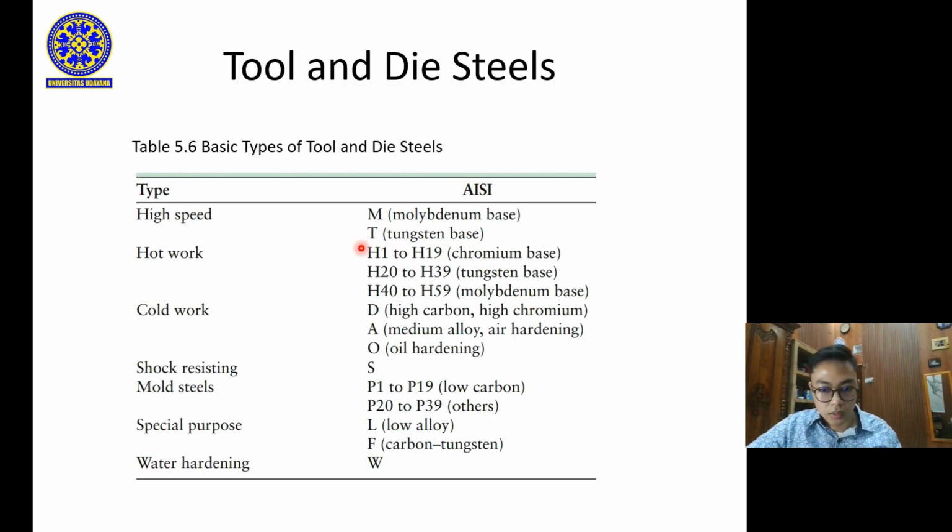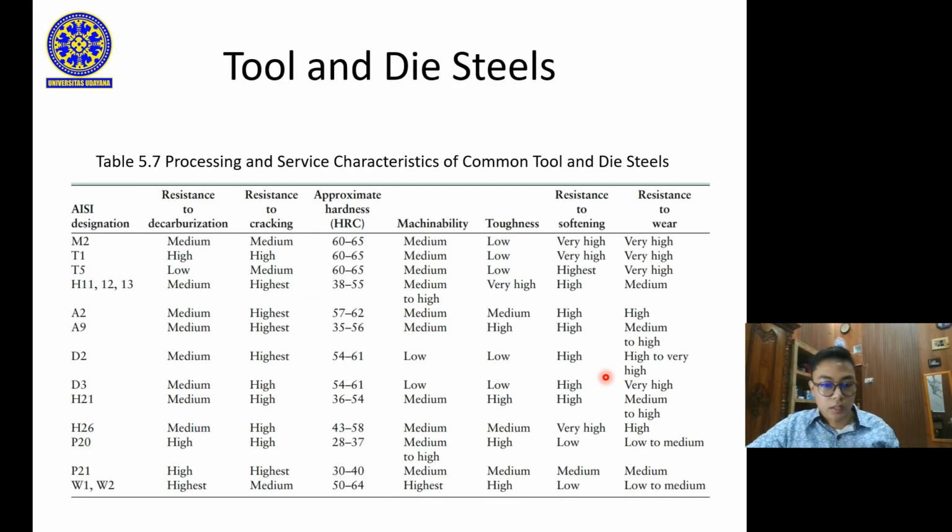So this is the AISI code for different types of tool and die steels. And this is the processing and service characteristics of common tool and die steels. It has various types of mechanical properties, and we can see the details of the hardness, the toughness, and whether it is wear resistant or not.